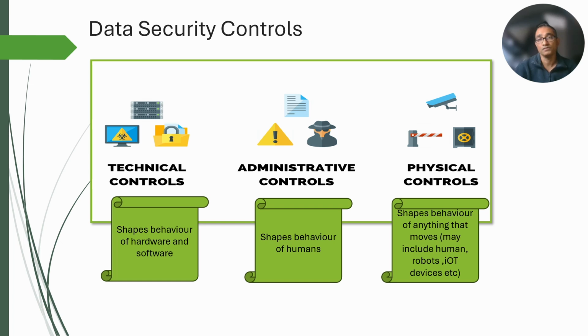The third control domain is the physical control, and that has to do with shaping the behavior of anything that moves. For example, humans, as we just encountered in the example of the security guard asking for your identification and the receptionist providing you with a temporary access. But it may also include things like robots and IoT devices, and you may ask yourself: how often do you encounter a robot in your normal way of working?